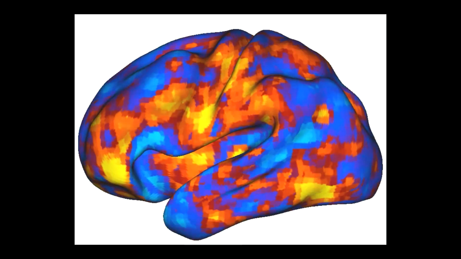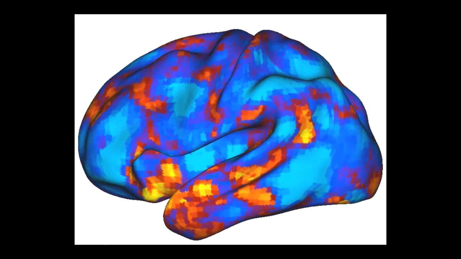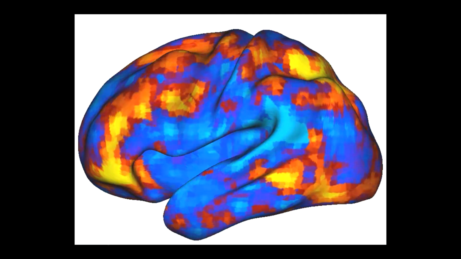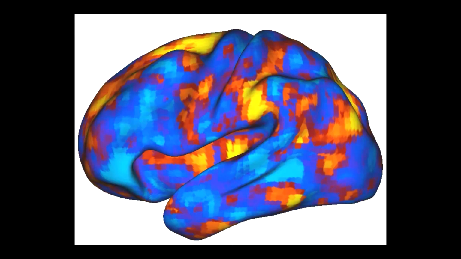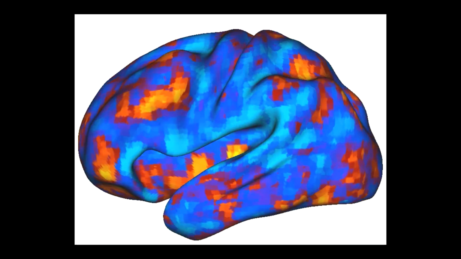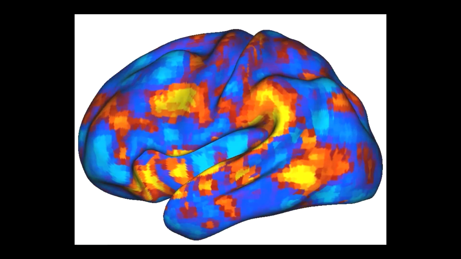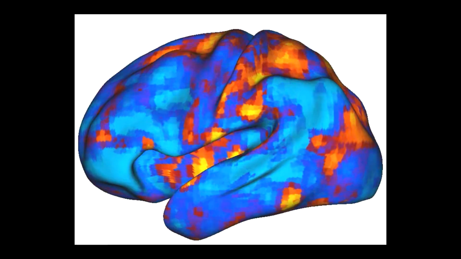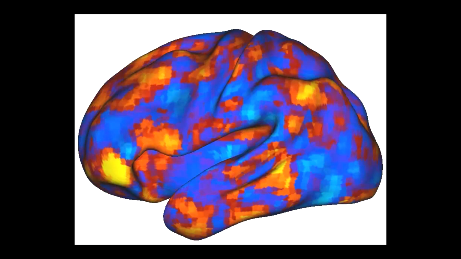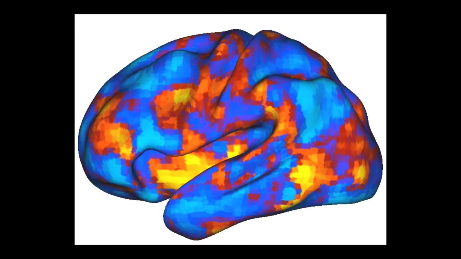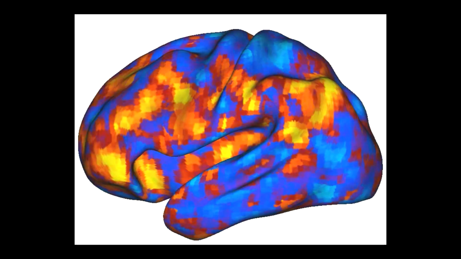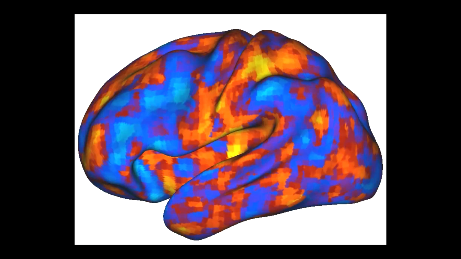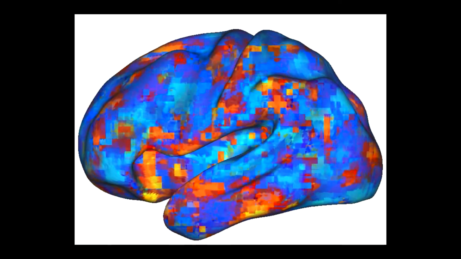What we can do is when we have people in the scanner, we can do what's called functional magnetic resonance imaging. This is where we're looking at the flow of oxygen in the brain. Essentially, the blood oxygen level dependent signal is that we have blood flowing through the brain, carrying oxygen, and it's replacing the used oxygen in very active cells.